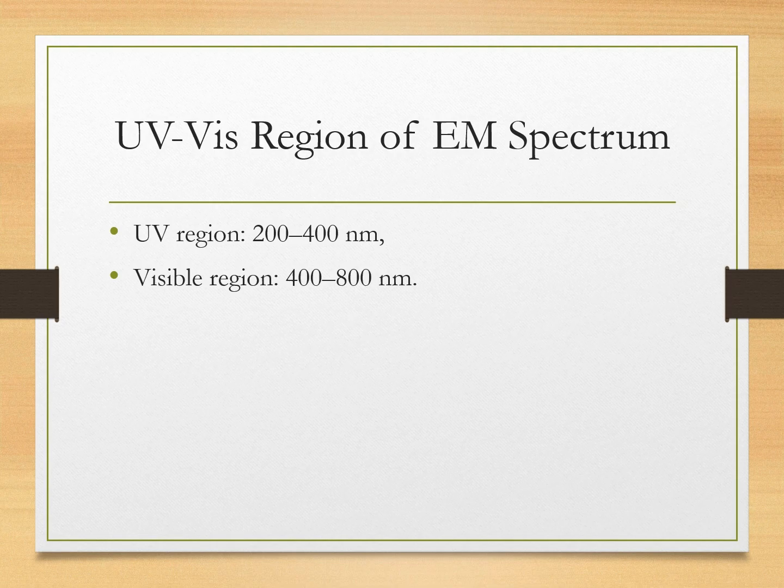In the UV region, we typically analyze molecules containing chromophores. In the visible region, colored compounds are studied.